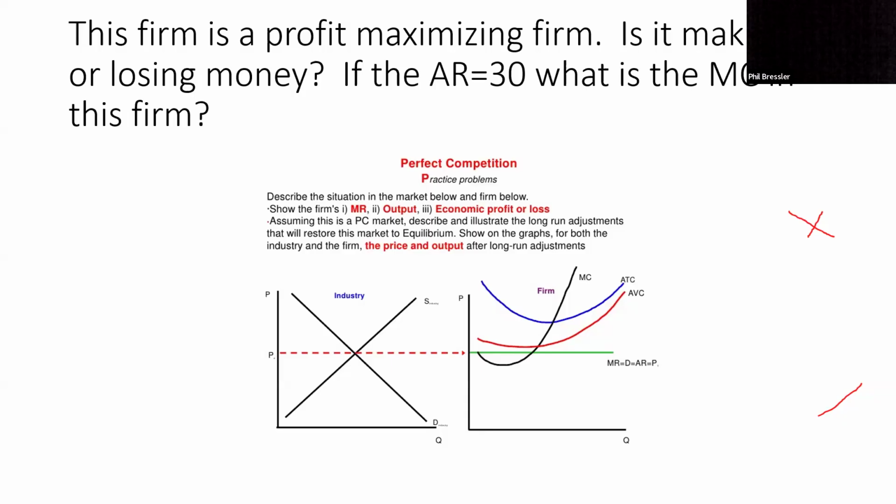I got a 30. Okay, if average revenue is 30, Mr. DARP, MR is 30. MR equals MC in the profit maximizer, so MC is 30. Remember, Mr. DARP. They do this a lot. They throw the AR at you, or they throw the price, instead of telling you what MR is. So you've got to be ready for that.